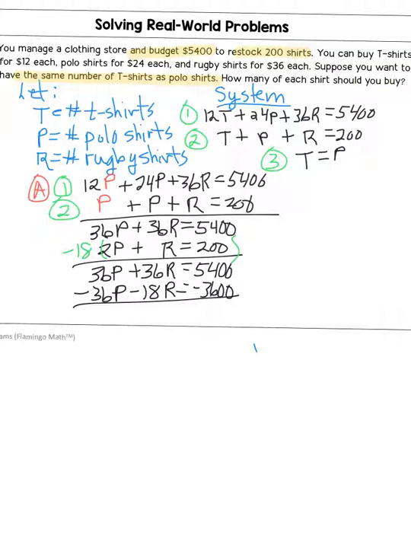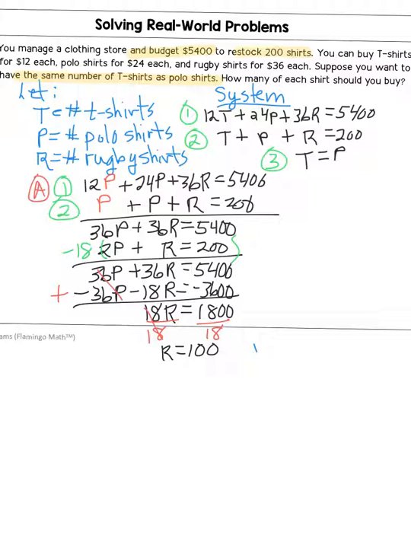So add that together. Your P's cancel. And I get 18R is equal to 1,800. And then if you divide by 18, you get R is equal to 100.